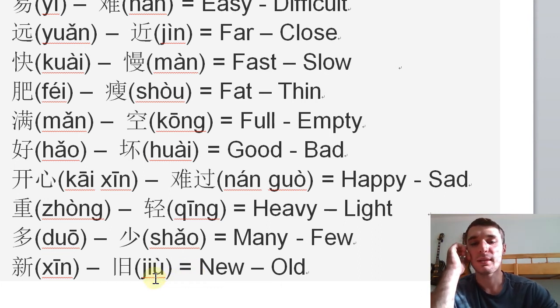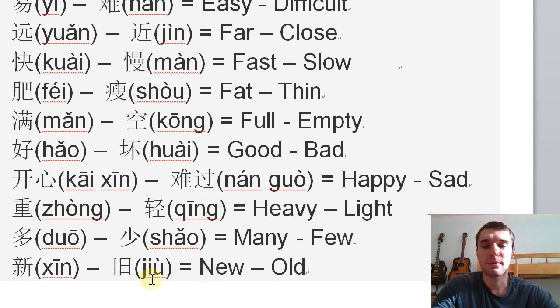New and old, 新 and 旧, we use just for things, for stuff. New book, old book, etc.